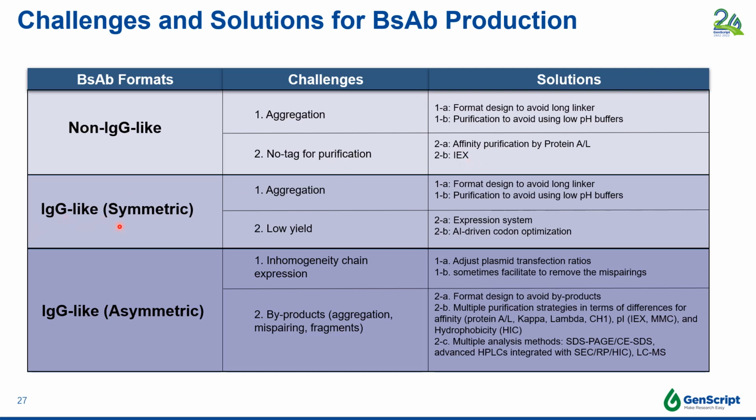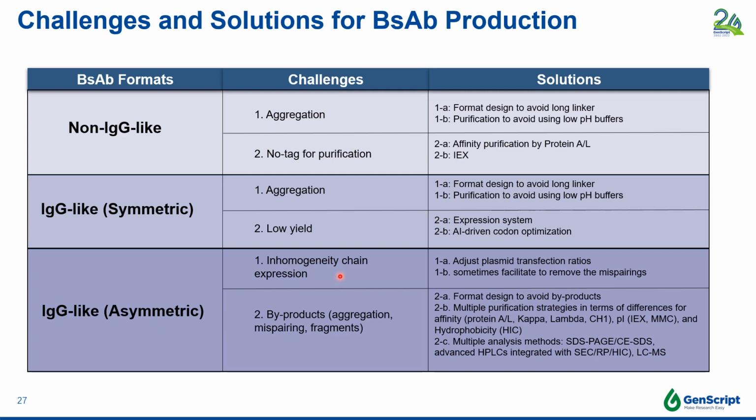And for symmetric IgG-like formats, the first challenge is also aggregation, and the second one is low yield. For this one, you can try a different expression system or codon optimization. And for asymmetric IgG-like formats, you have to consider more.